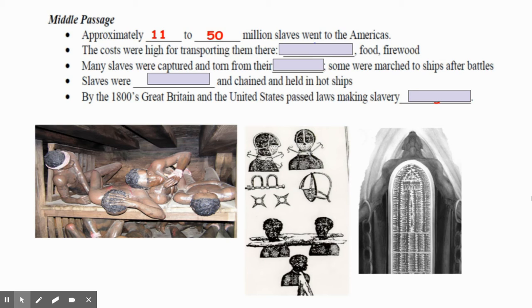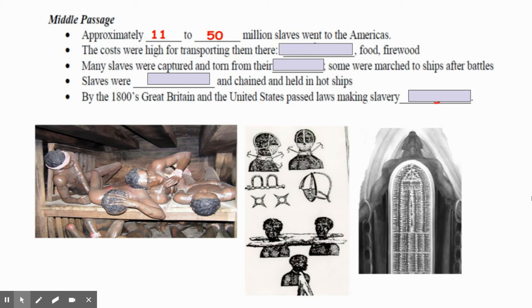But it's estimated that somewhere between 11 to 50 million slaves were taken to the Americas. Some of them ended up in places like South America, like the country of Brazil, many into the Caribbean, into some of those islands of the Lesser and Greater Antilles, and then eventually into places like the United States.